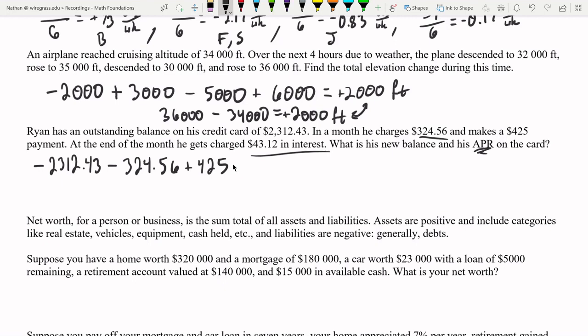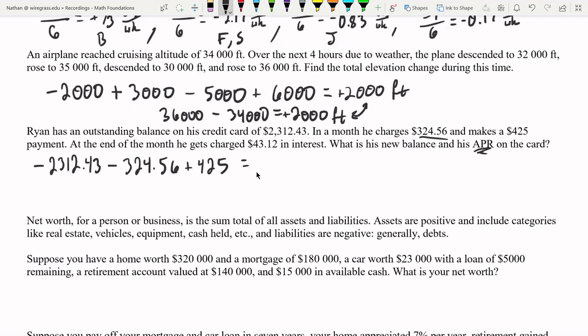So that's going to be a plus in this case. You can of course flip these signs. You could do plus, plus, and minus here. It all depends on how you interpret the problem. Since we're talking about a debt here, that's the reason why I'm choosing to make the credit card balance a negative amount. But it makes sense as long as you understand how you're interpreting the problem.